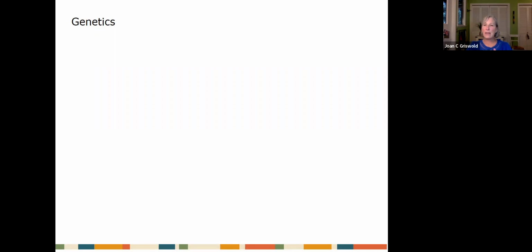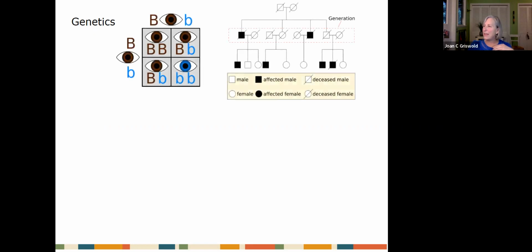And we reinforce that using Punnett squares and pedigree charts, things that are very simple and easy. As a biology teacher, I love teaching genetics for this reason. You can take a lot of complexity and boil it down into a nice little Punnett square, boom, boom, boom, you've got your ratios, it all works out, it's really nice and mathy.